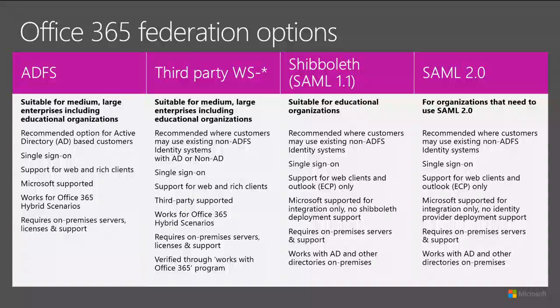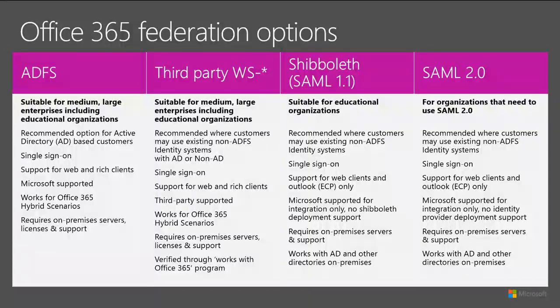Office 365 supports third-party, what we call WS-Star. The scenario for this is where customers might be using non-ADFS identity systems with AD or non-AD, so you might have some other type of identity management provider locally, but they are WS-Star Federation enabled, and this is an option for you here. It does enable single sign-on.